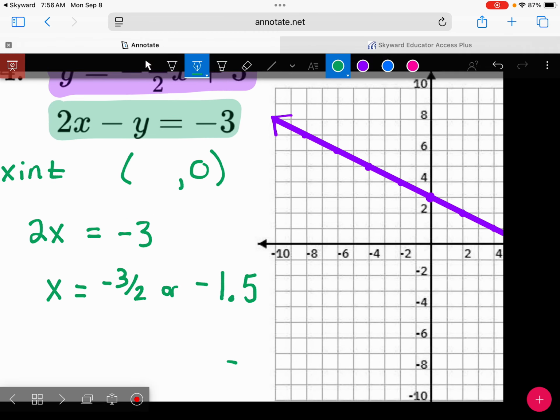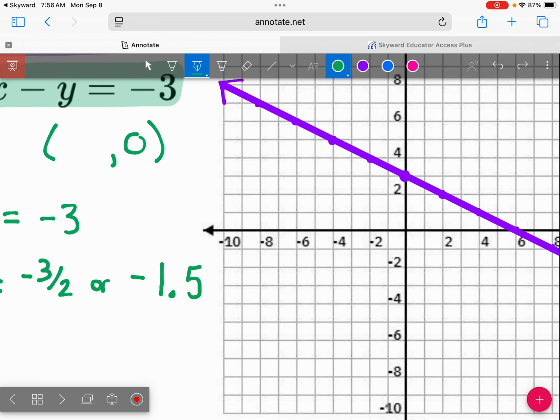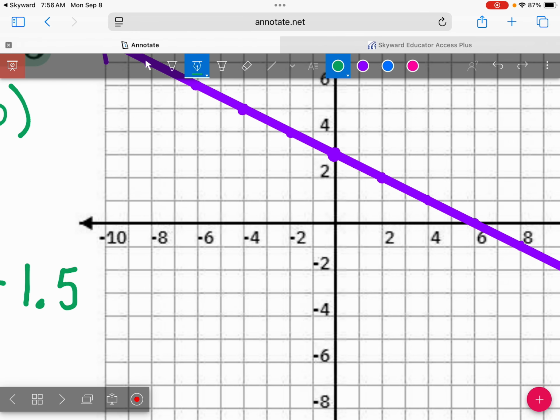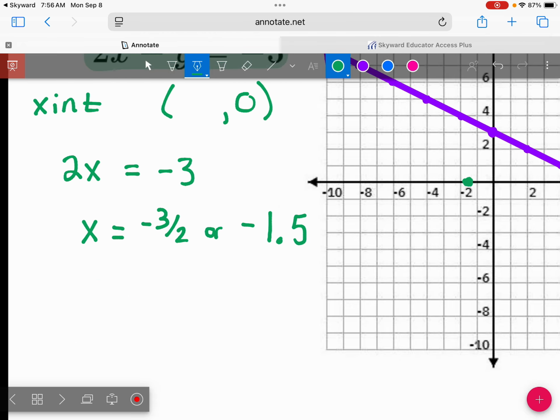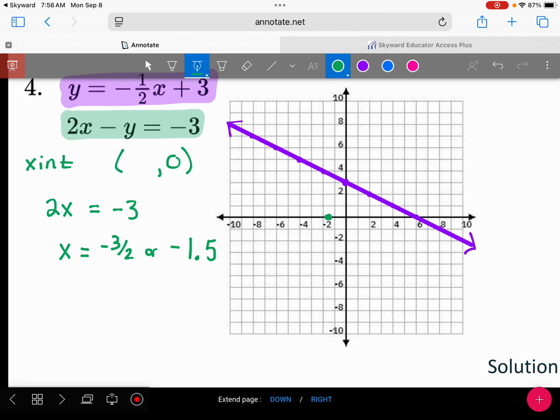Negative 1.5, that's a lot easier to spot because our x being negative 1.5 is going to be somewhere right around here when y is 0. And then our y-intercept we'll get from taking our x as 0, and then we can find our y.